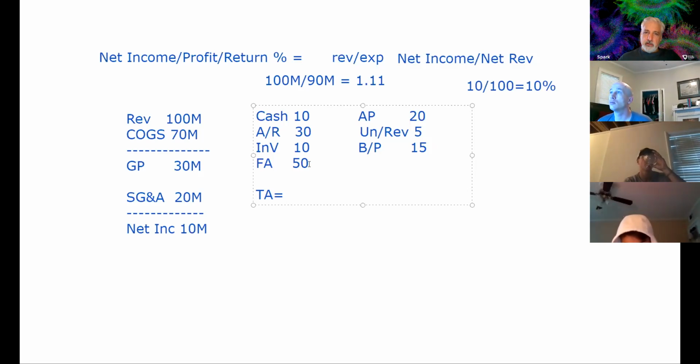Someone do the math quick. Total assets? 100. 10 plus 30 plus 10 plus 50 is 100.